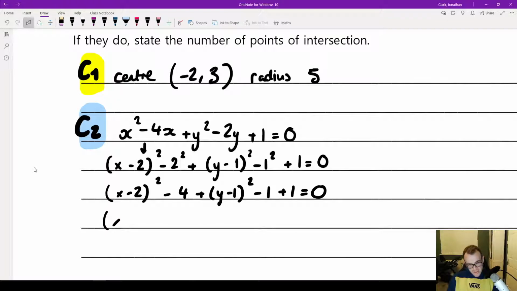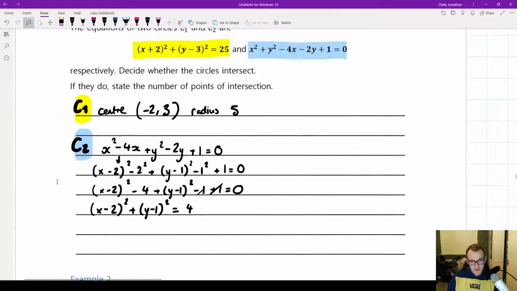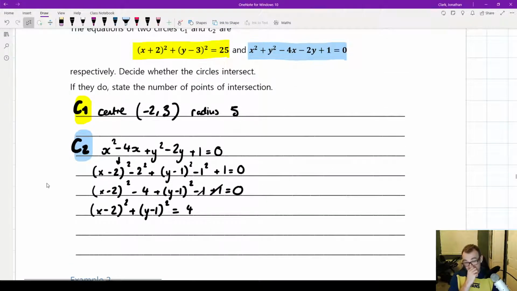I rearrange this equation. The ones cancel out. I'll take the 4 over. I'm just going to end up with a 4 over there. There we go. So a bit more work to get to that point, but we've got a center at 2, 1, and we've got a radius. Root 4 is 2.